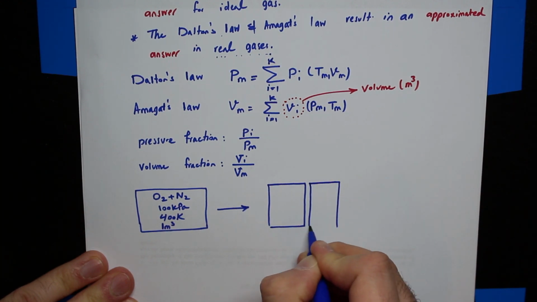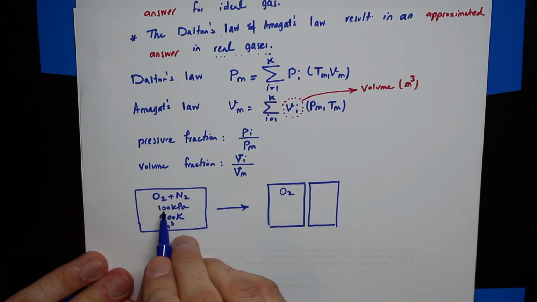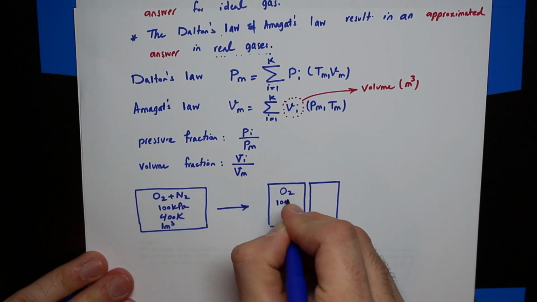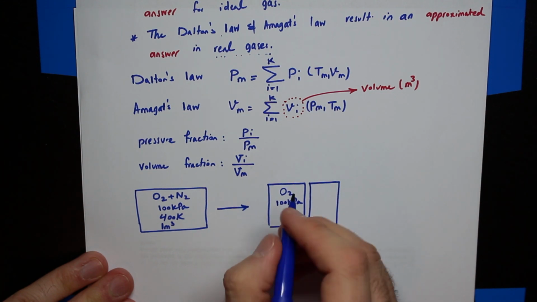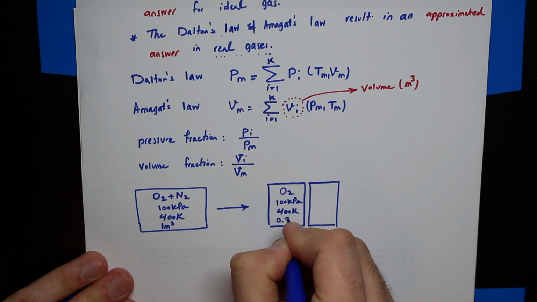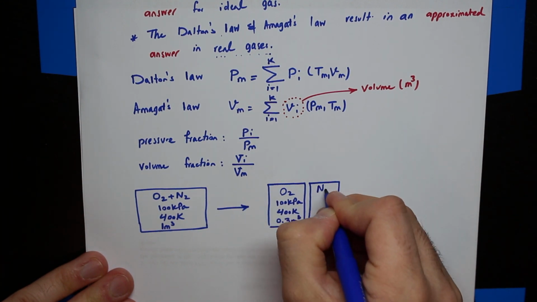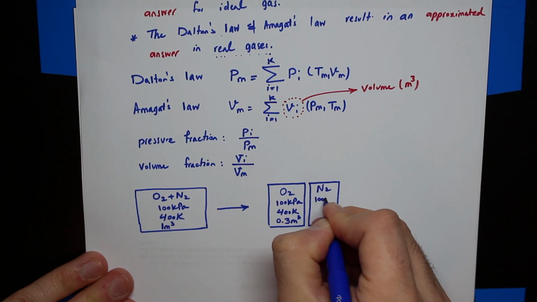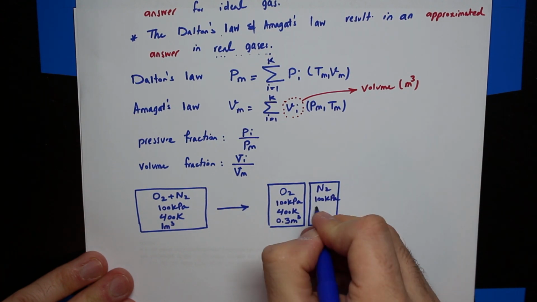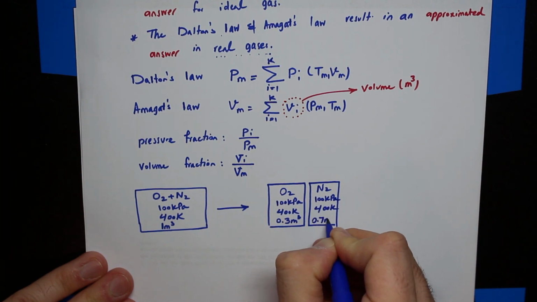So I have two separate tanks at the beginning, let's say oxygen at the same pressure, 100 kPa, and same temperature, but smaller volume, let's say 0.3 meter cube, and nitrogen, again at the pressure of the mixture, at the temperature of the mixture, but at a smaller volume.